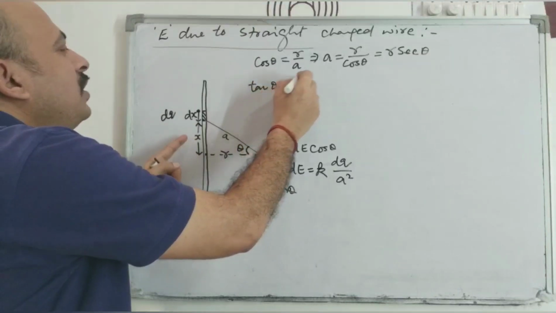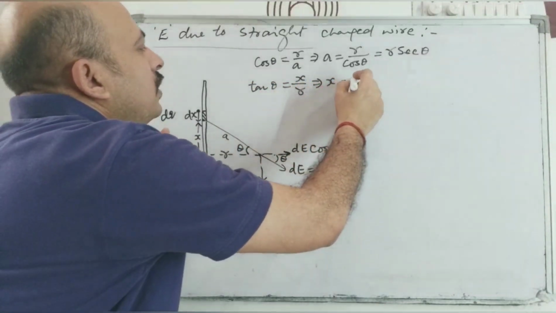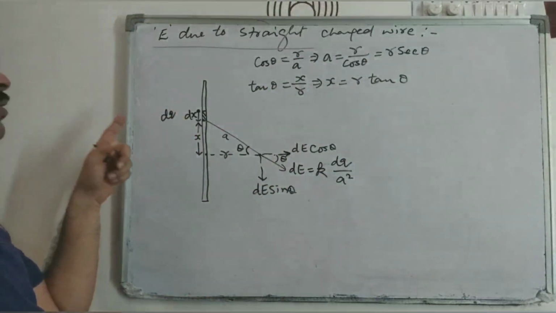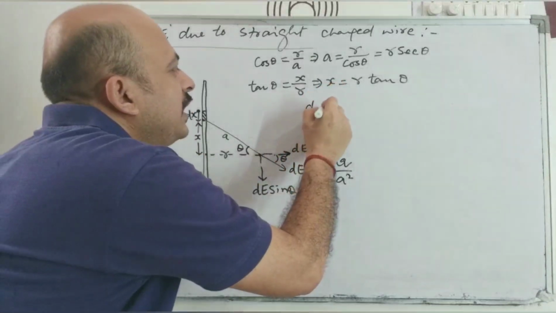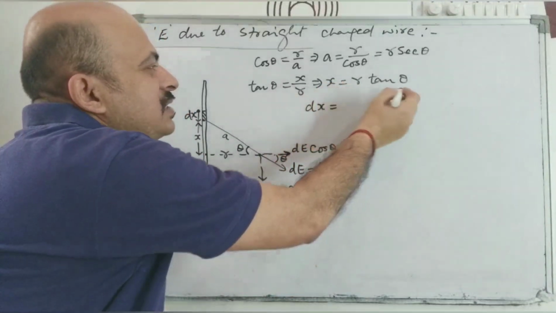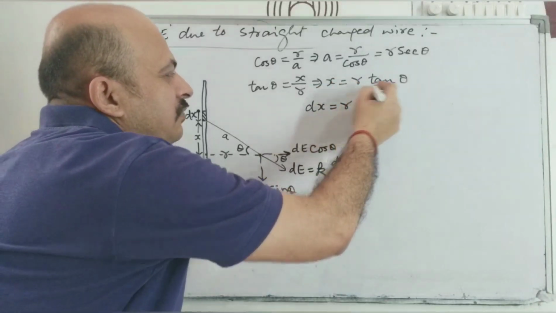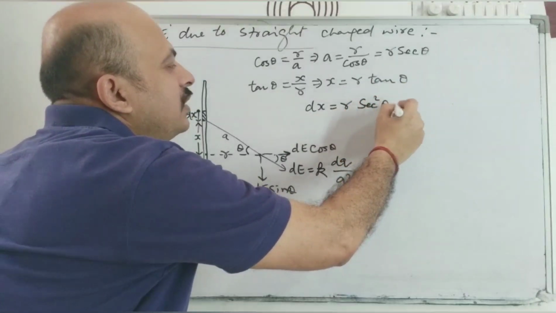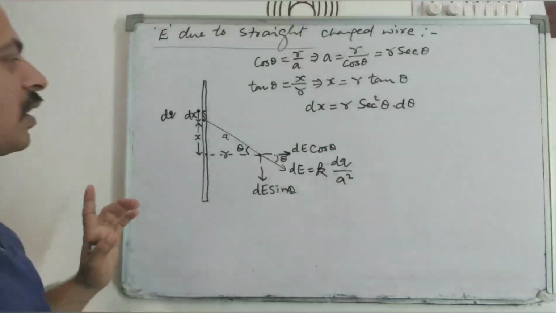Tan theta is x upon r, so x will be equal to r tan theta. How to calculate dx in terms of theta? Differentiating, dx is equal to r, a constant, times the differentiation of tan theta, which is sec square theta d theta. So dx is equal to that much.